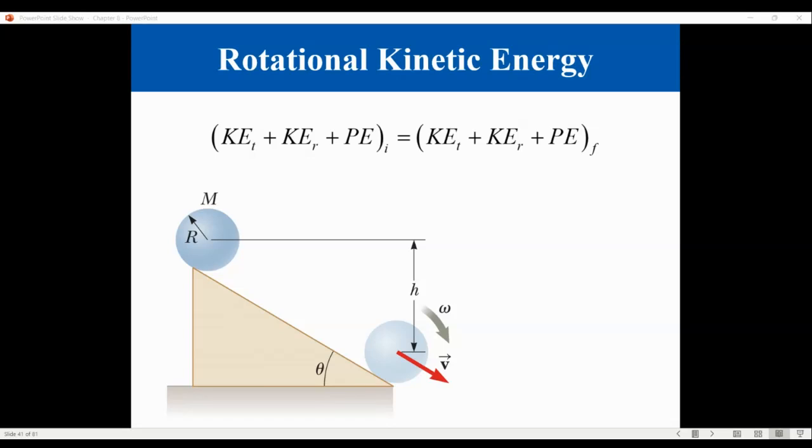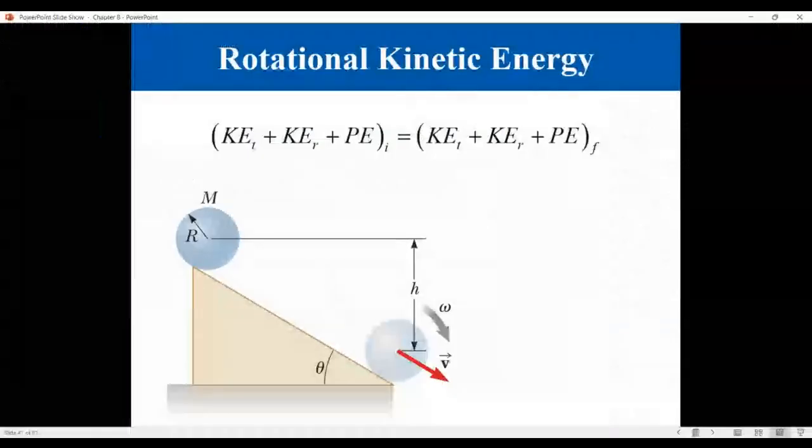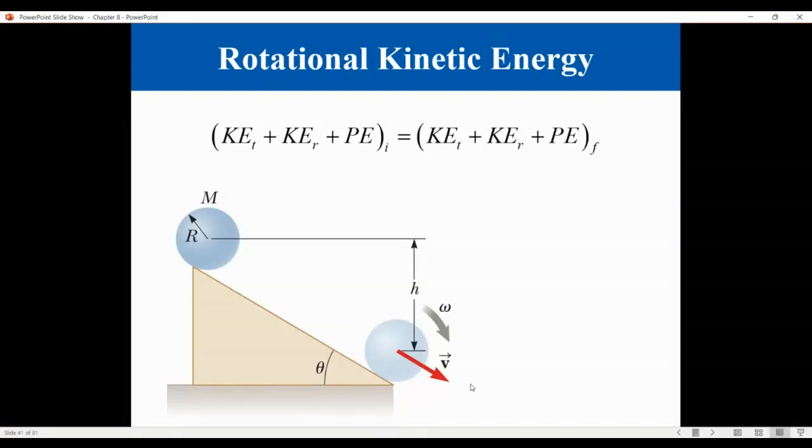So what happens is now the ball will move down the ramp or slope, and at the bottom it will possess no potential energy. Obviously, we're assuming that this is going to be zero at the bottom, but then it will possess your linear part and your rotational part. I hope that's clear to everyone, right?